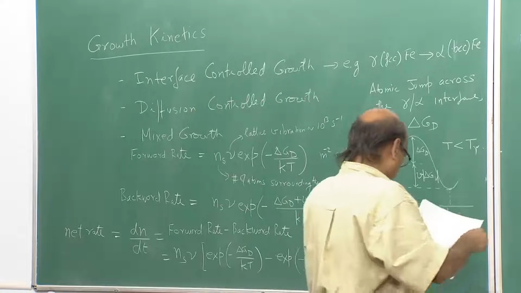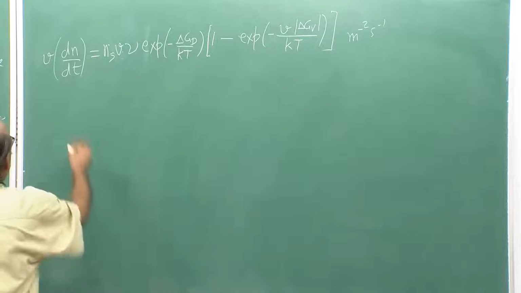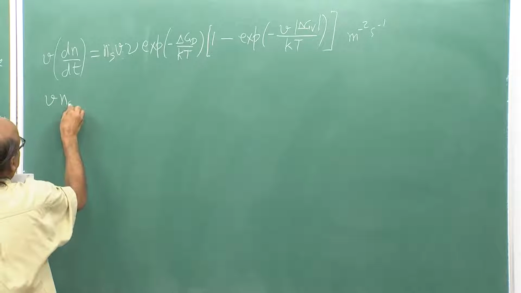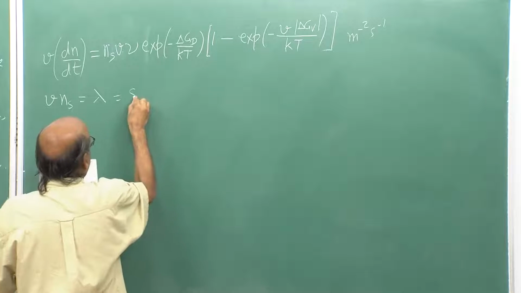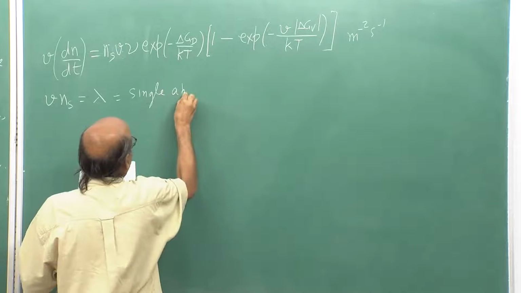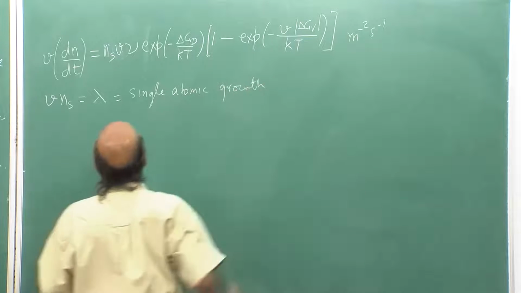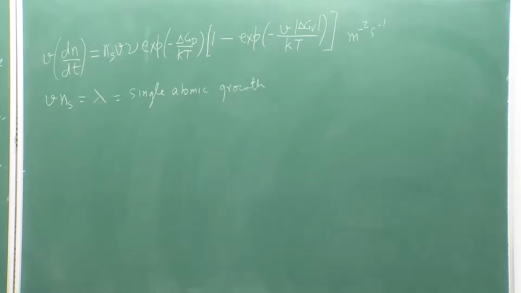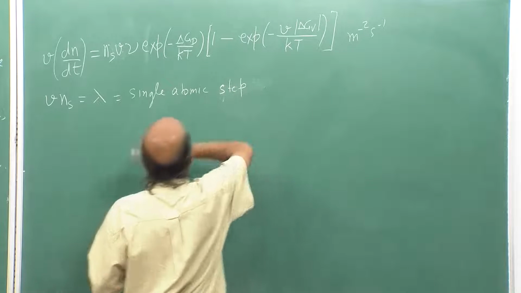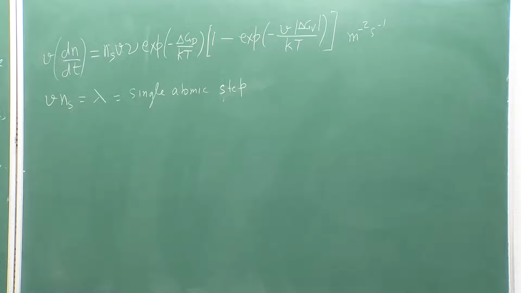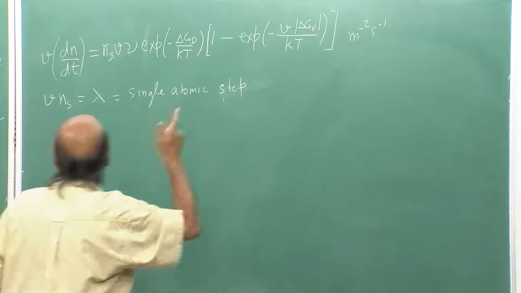Basically I can put V times Ns equal to lambda, which is a single atomic step that is added.